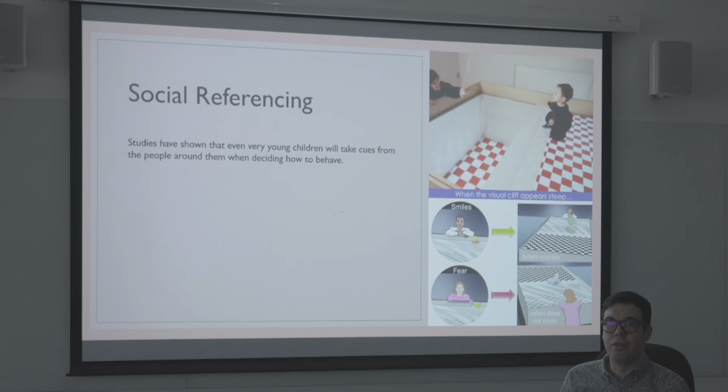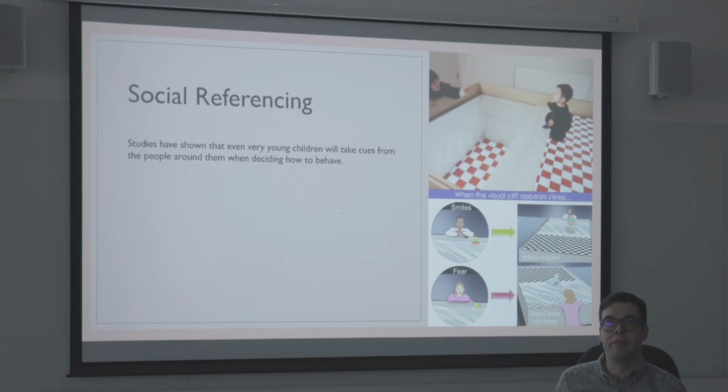So one of the first ways that we looked at how children use social information is this experiment called the visual cliff, and you'll see we've got the checkerboard pattern, and that checkerboard pattern stops.